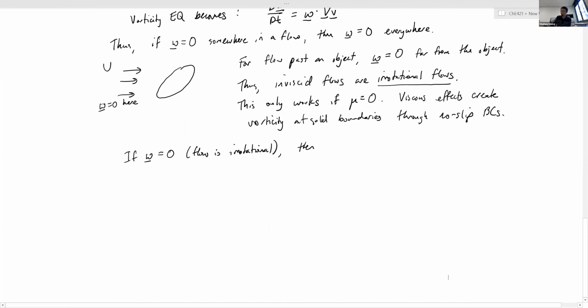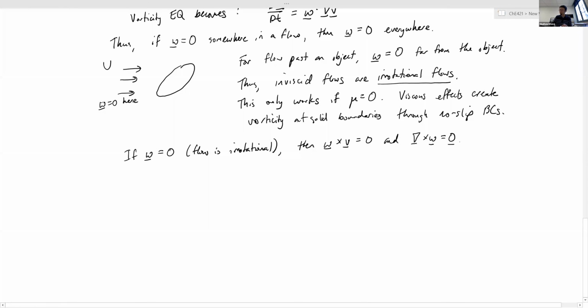Then omega cross V is equal to 0. And del cross omega is also equal to 0. Okay.